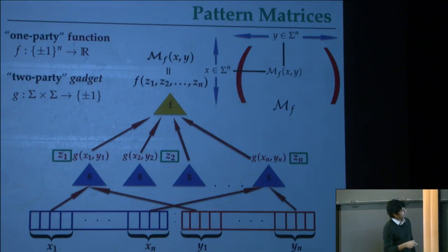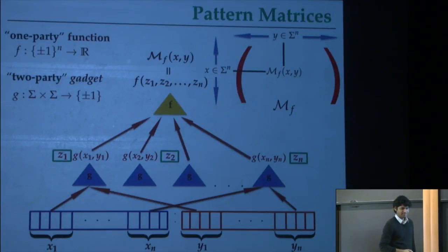To this n-bit string, I apply f. So now you can see that the function I want to compute is a function of both Alice and Bob's input, and I have composed the function f with the output of this gadget g. That's basically what a pattern matrix is. Is the definition of pattern matrix clear? This is going to be really important for us as we proceed.